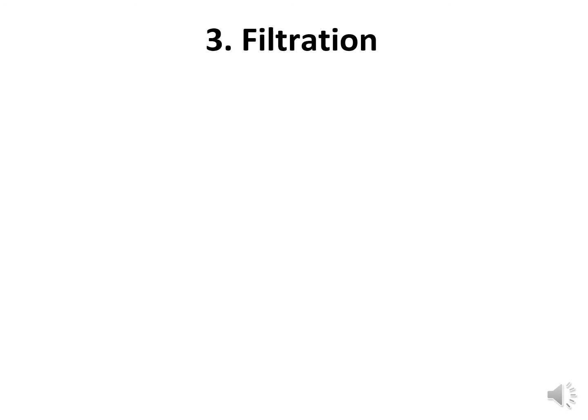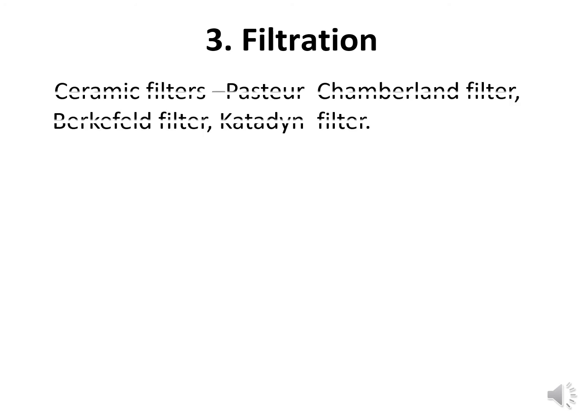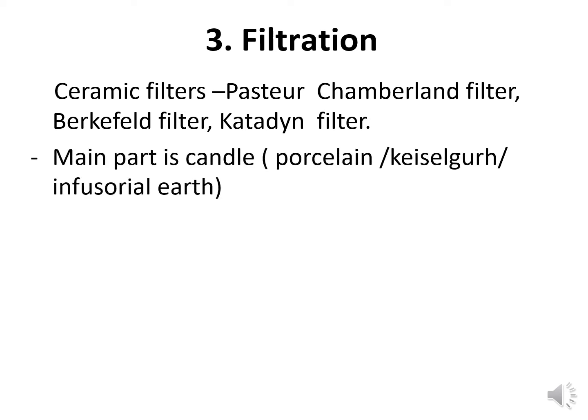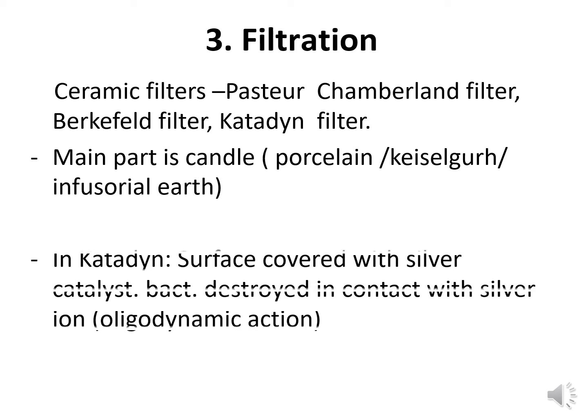Next is the filtration method. We use ceramic filters for this. For example, Pasteur Chamberland filter, Berkefeld filter, Katadyn filter. These are some examples of ceramic filters. In this method, the main part of filtration is the candle, which is made of materials like porcelain, kieselguhr, or infusorial earth.